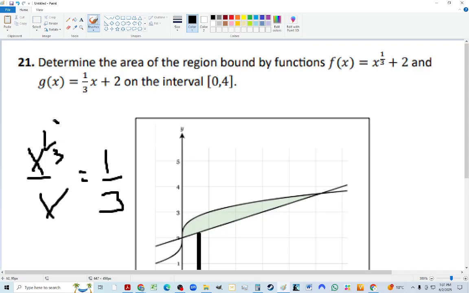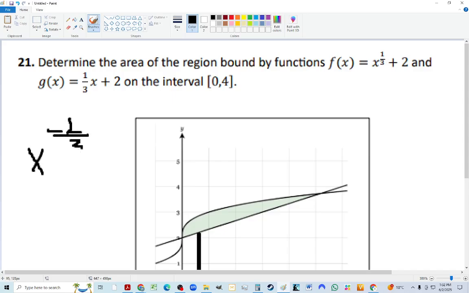You have to subtract exponents whenever two things have the same base. It's a third minus 1, the exponent here, which is minus 2/3. Minus 2/3 is equal to a third, which is essentially 1 over x to the 2/3 equal a third.